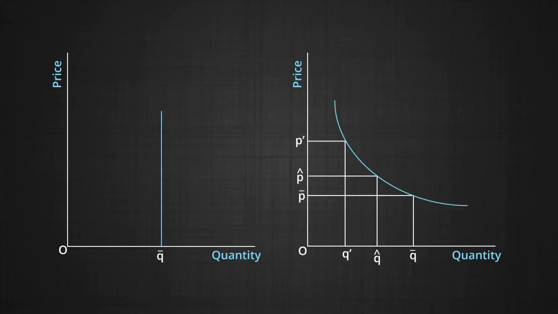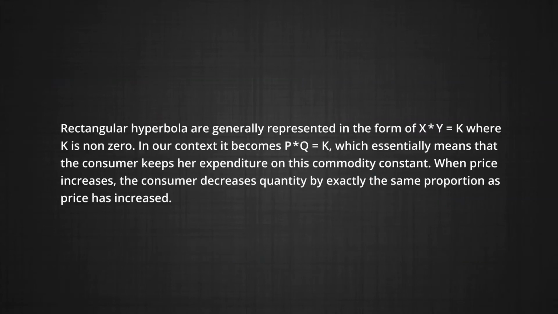We can also have a curve which is called a rectangular hyperbola, which has a constant elasticity of 1. The diagram here shows two demand curves which have constant elasticity. The first one is a vertical demand curve that we've discussed already. The second is a rectangular hyperbola. A rectangular hyperbola is generally represented in the form of x into y equals k, where k is a non-zero constant.